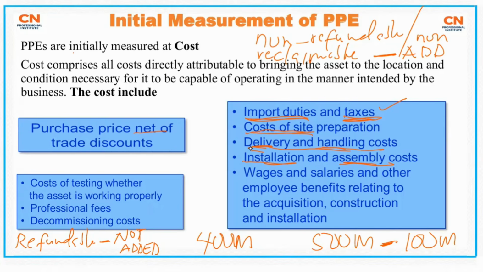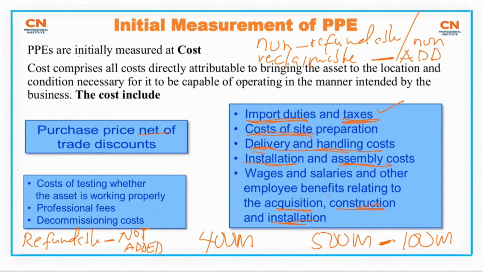Then you see wages and salaries and other employee benefits relating to the acquisition, construction, and installation. This is more like when you are manufacturing a PPE, for instance by constructing your own building.